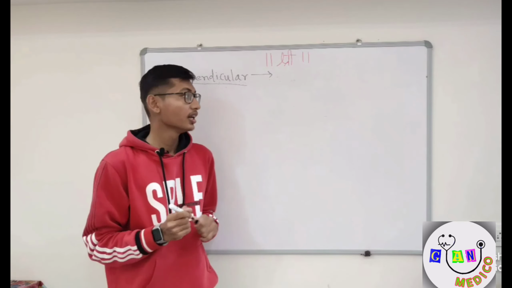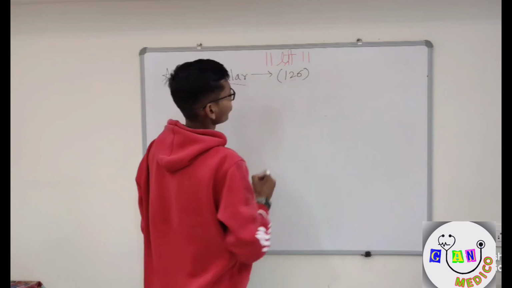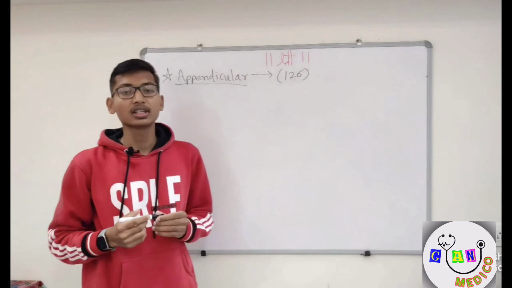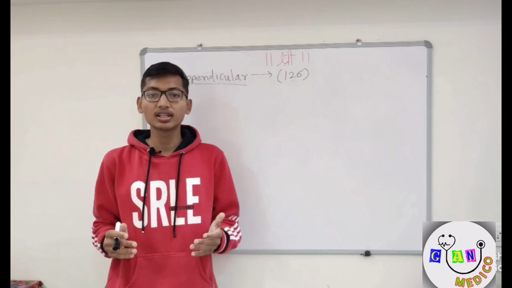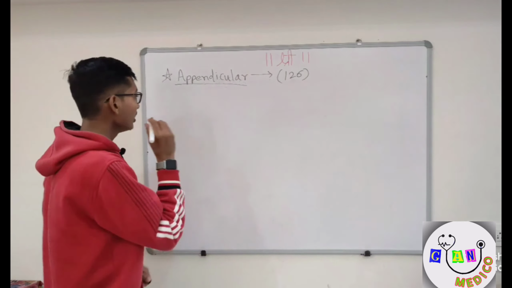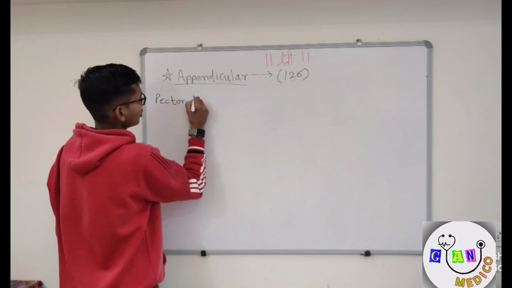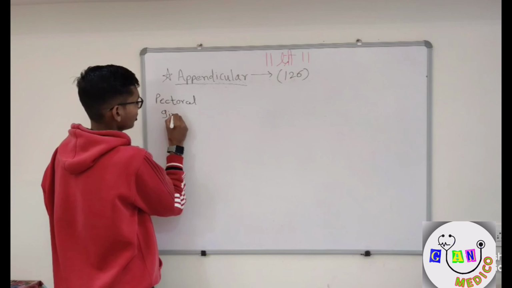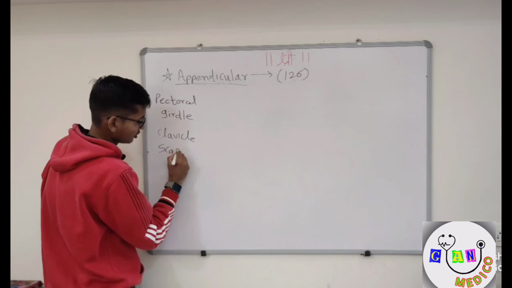Appendicular skeletal system. It contains 126 bones. Appendicular skeletal system contains the pectoral girdle, upper extremity, pelvic girdle and lower extremity. In pectoral girdle, two bones, clavicle and scapula.